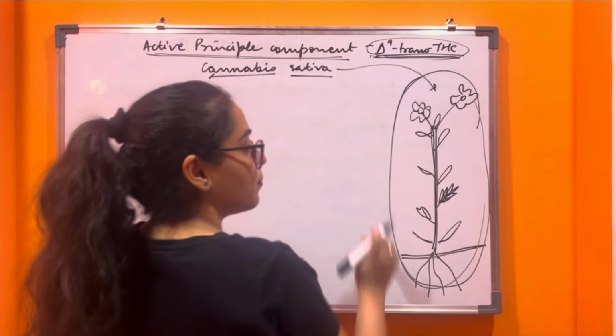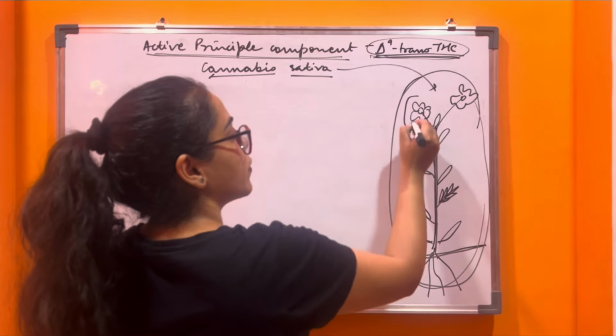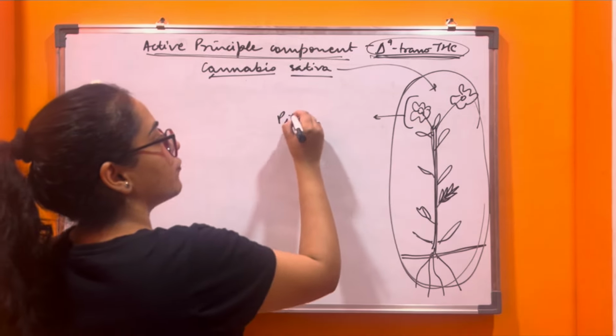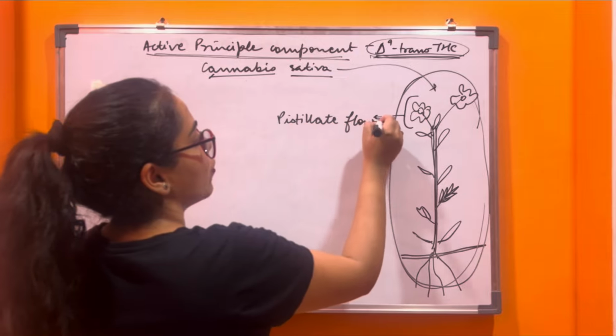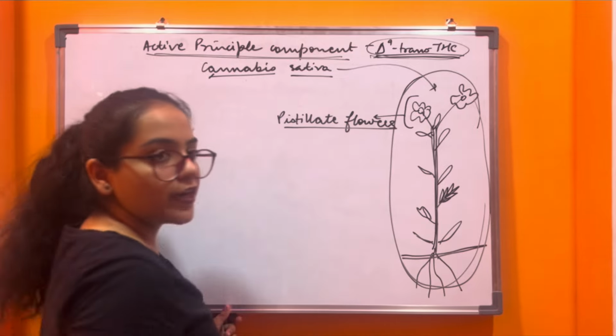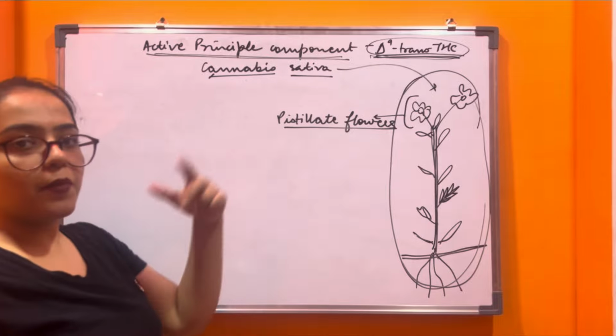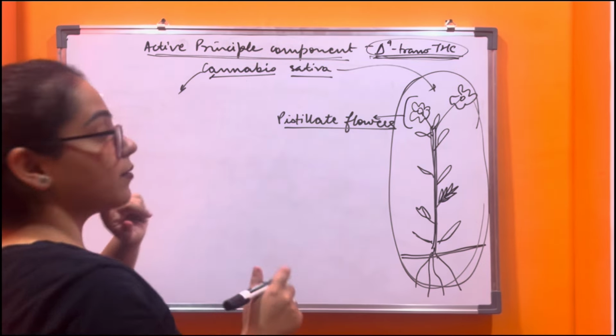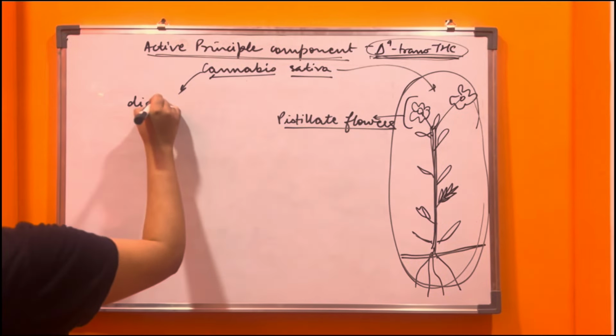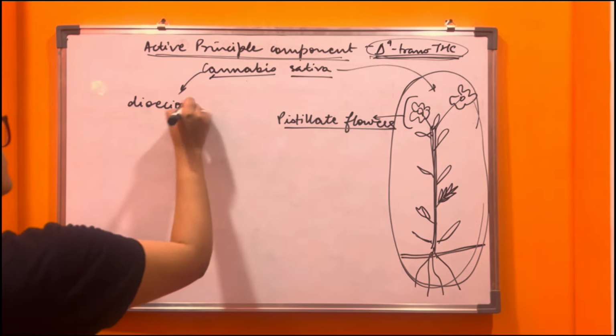So, for the plant Cannabis sativa, the pistillate flowers. Why am I calling them pistillate flowers? The pistil is a part of the female reproductive system, right? But this plant, Cannabis sativa, is actually a dioecious herb.